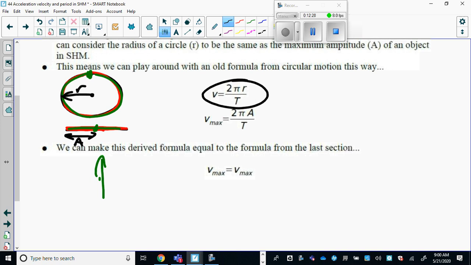So that's why we can make this r into an A.